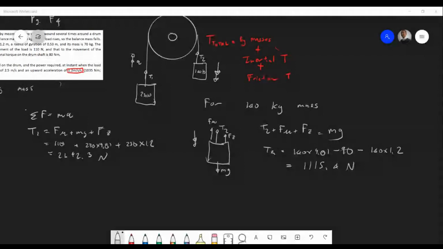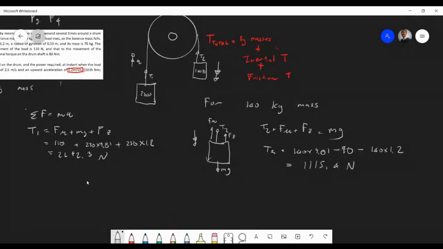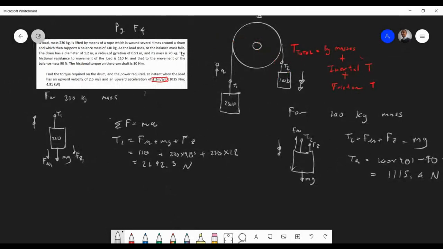I just missed something quick. Why is the frictional force different in the two equations? It's essentially just given here. This is the frictional resistance for the specific mass over here.